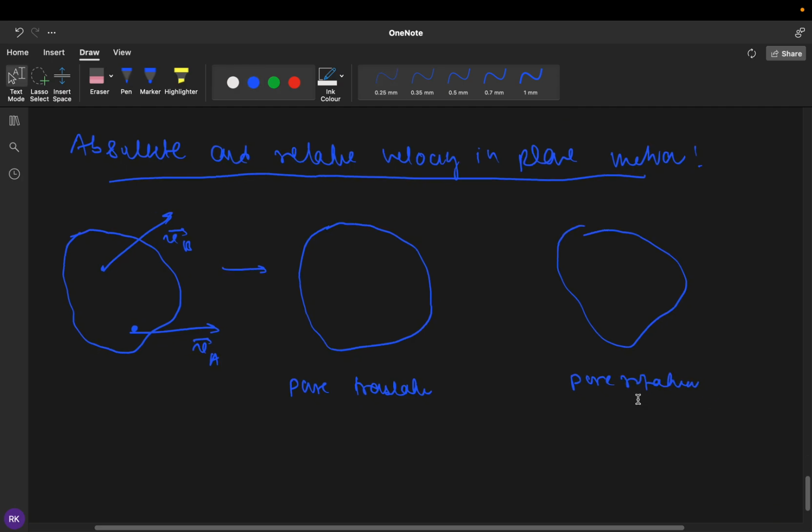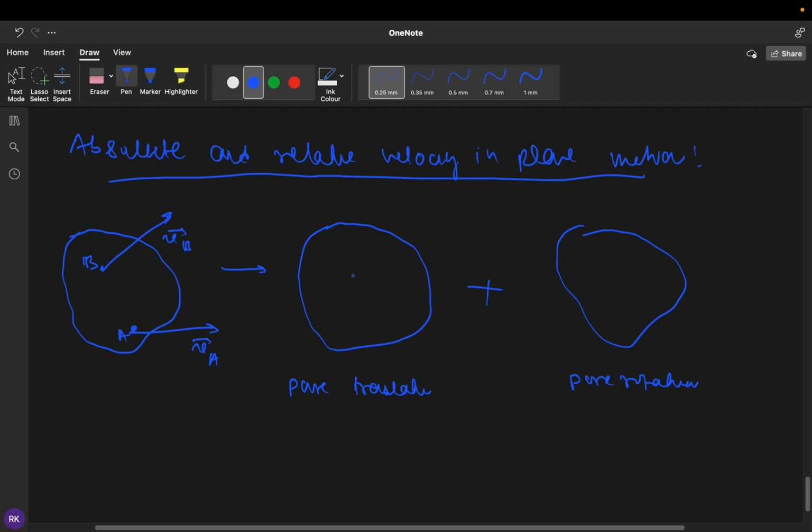Okay, now I want to write the velocity of particle B in terms of particle A. I told you that any kind of planar motion can be realized as the superposition of pure translation and pure rotation.